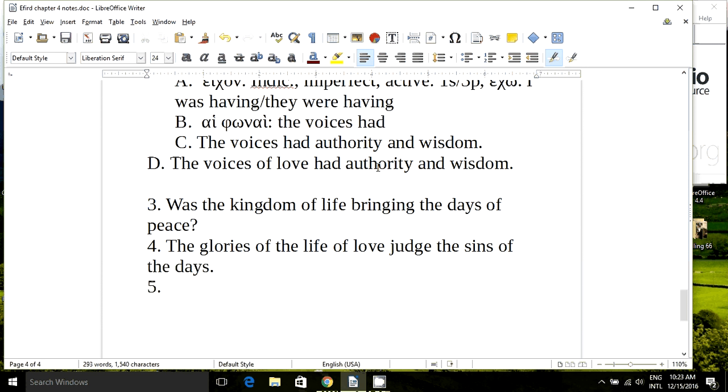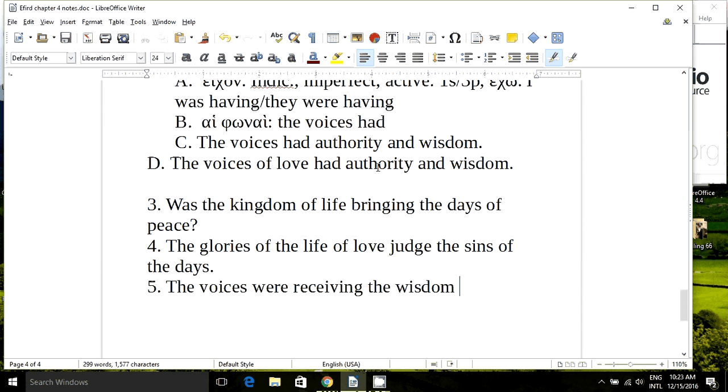The voices, and elambaron is from lambano, receive. So it's the voices were receiving. What were they receiving? We need something in the accusative to be an object. Tein sophian. The voices were receiving the wisdom. So there's the skeleton. The voices were receiving the wisdom. And now we go back to fit in the rest of the words.